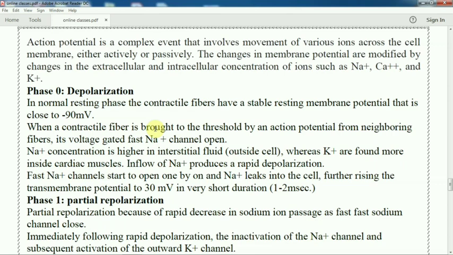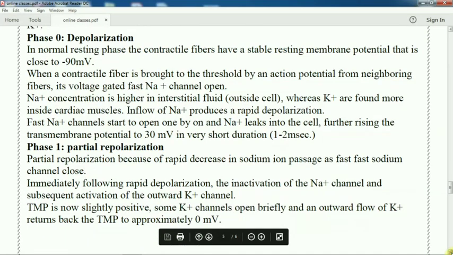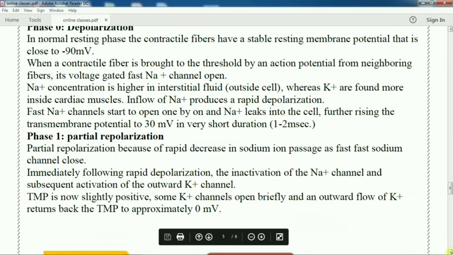Following rapid depolarization, the sodium channel is inactivated and the outward potassium channel is activated.